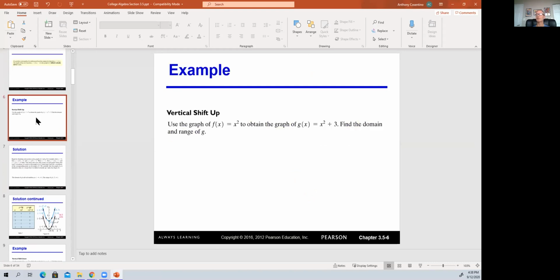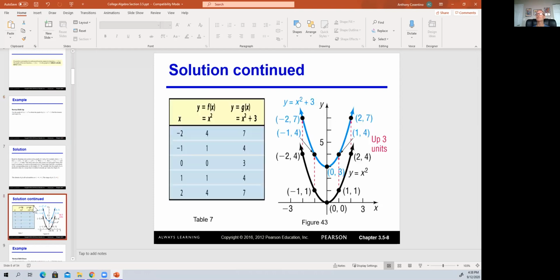And so to give you an example, let's take a look at this equation. If you did f of x equals x squared, and we want to add 3 to it, what would happen to it? Well, you would take the equation, take the graph, which is black here.